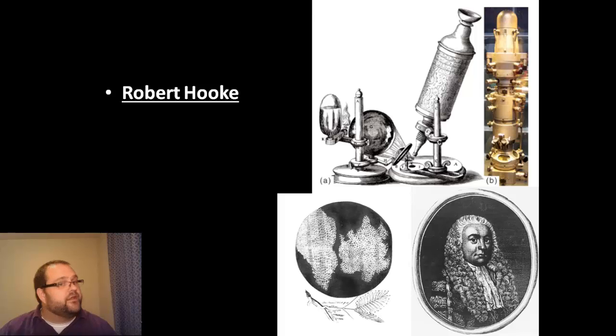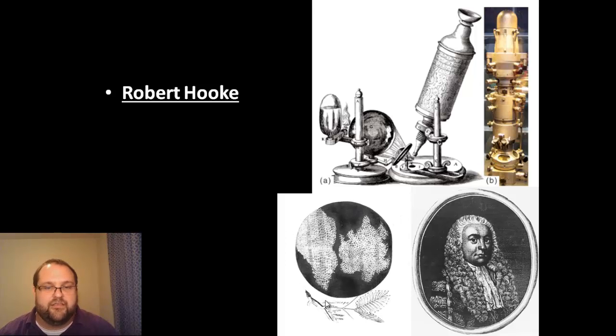Another scientist that's really important to cell science is Robert Hooke. Robert Hooke had a big part in developing the compound microscope. Here is a compound microscope that Robert Hooke had, and here are some of our technical transmission electron and scanning electron microscopes up here. Robert Hooke looked at a bunch of cork cells, and cork is a type of plant.